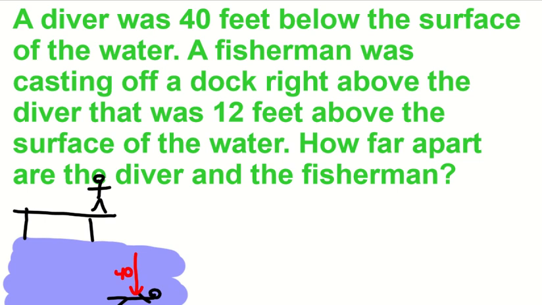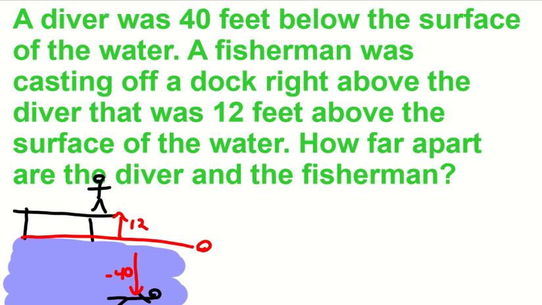What we're calling the surface of the water is going to be 0, okay? So if it's 40 below, that's putting that diver at negative 40, okay? The dock and the fisherman are 12 feet above the water, so that's a positive 12.